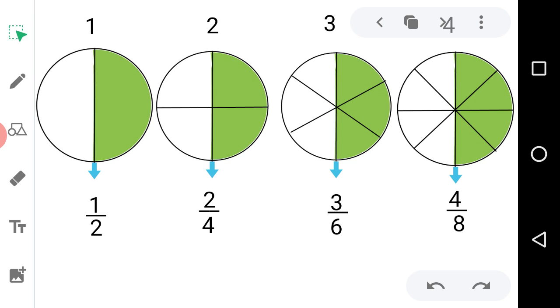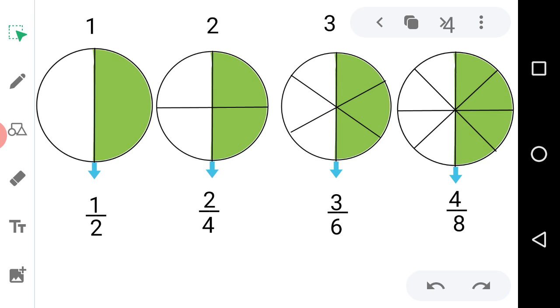See here, 1/2, 2/4, 3/6, 4/8 all represent half of the whole circle.